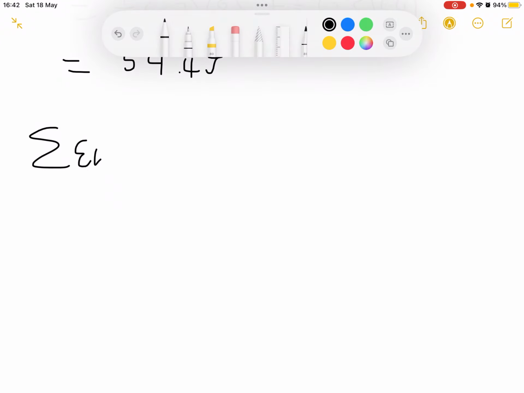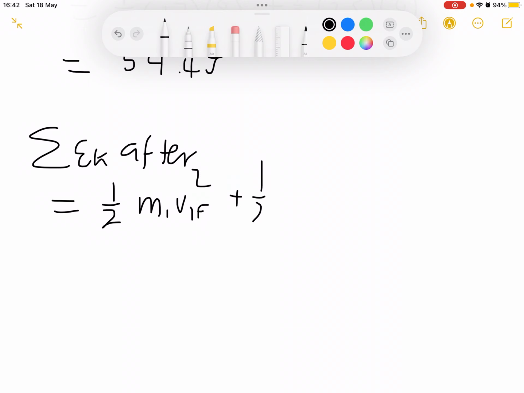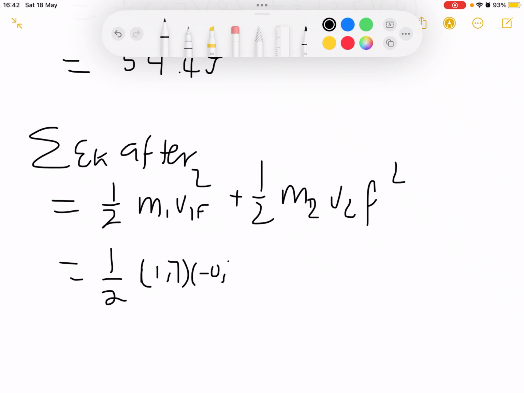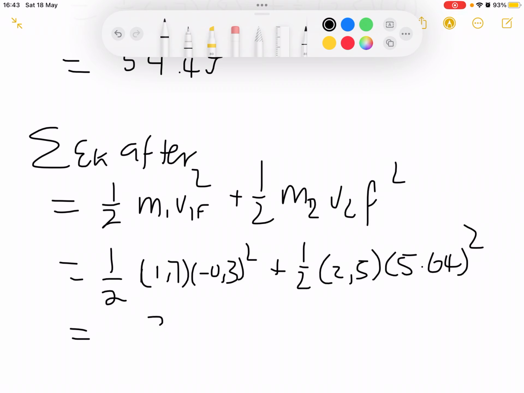Now, the sum of the kinetic energy after the collision is given by half m1 v1 final squared plus half m2 v2 final squared. Now this is equal to a half times 1.7 times negative 0.3 squared plus half times 2.5 kilograms multiplied by 5.64 squared.